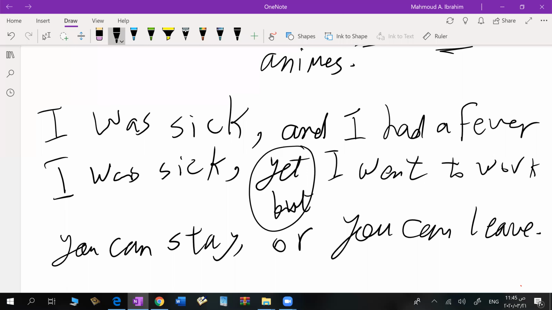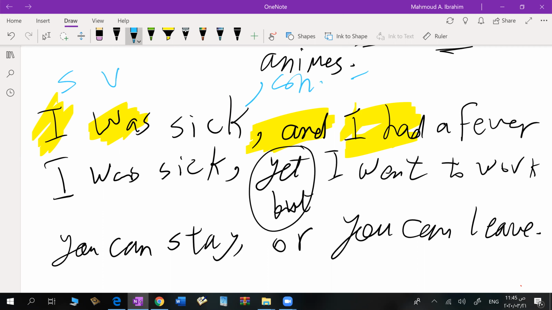Look at these sentences. What do we have here? We have a subject and a verb, comma, and the coordinate conjunction, and then a subject and a verb. So it's subject, verb, comma, connector, subject, verb.